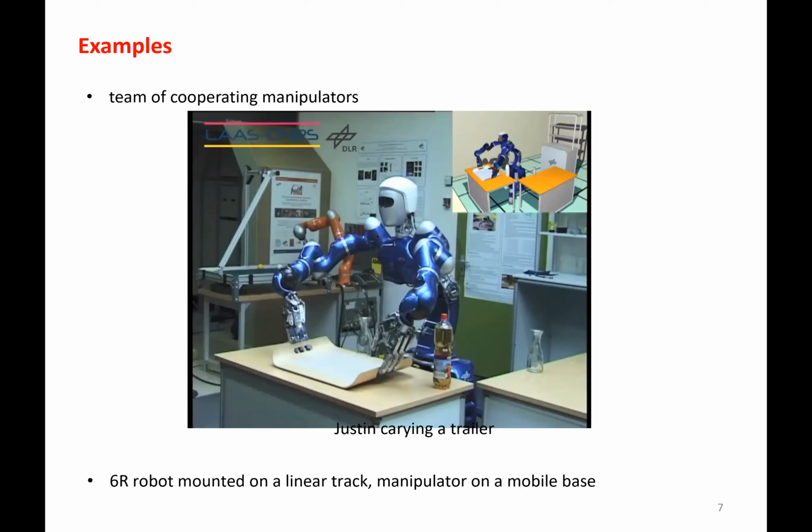Or you can have a 6 degrees of freedom robot with rotational joints mounted on a linear track, or a manipulator on a mobile base, like a centaur, or a manipulator on a wheel base. So a robot that is moving on wheels and has a manipulator on top.